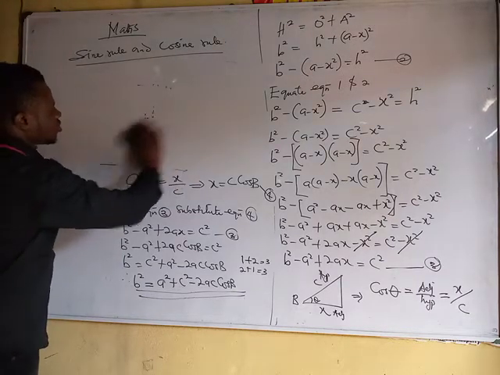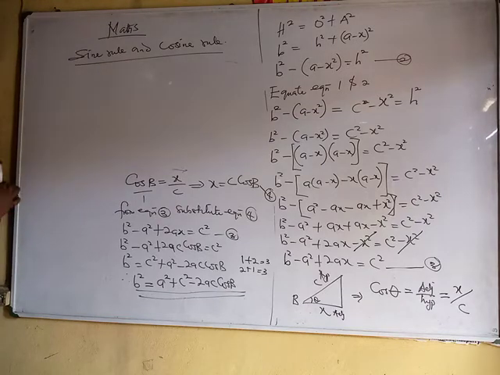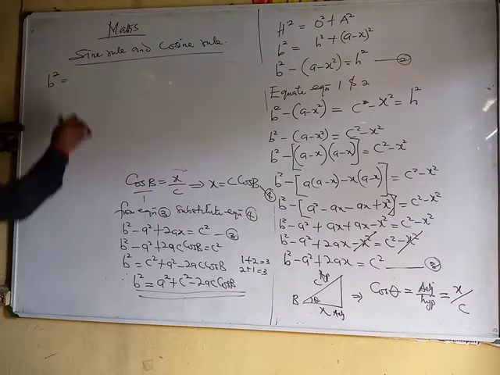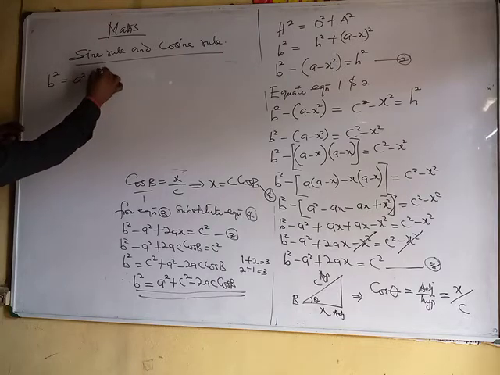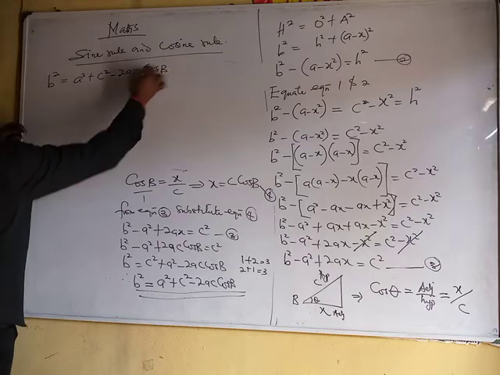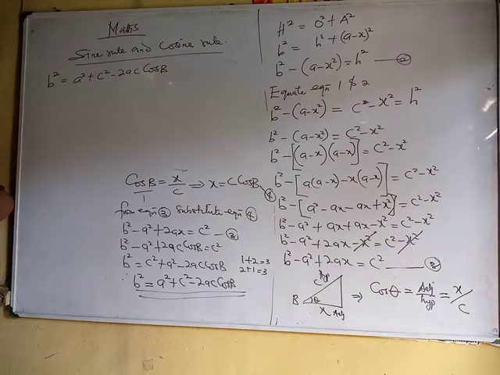Let us watch this formula. We have proved that b square is equal to a square plus c square minus 2ac cos of B. What if the distance apart is a? Now look at this formula. We don't need to cram.